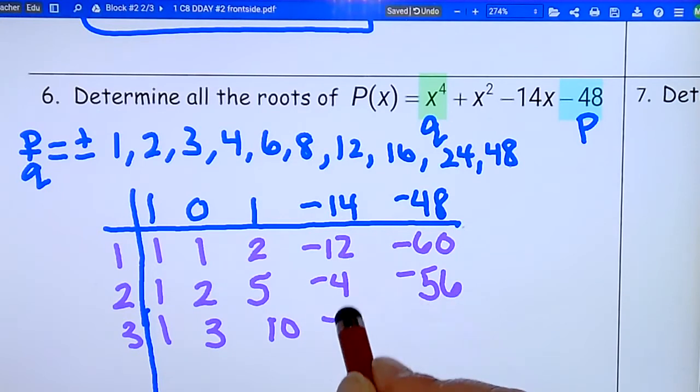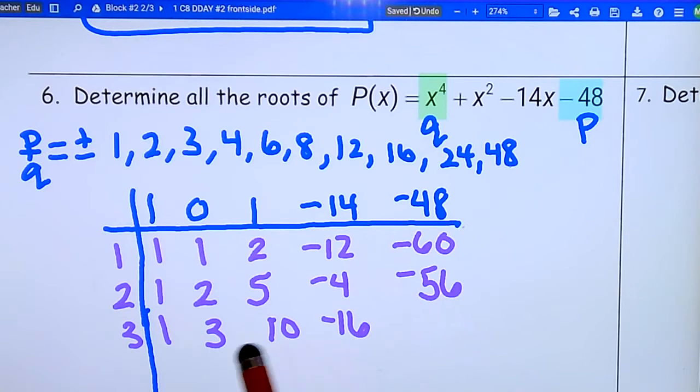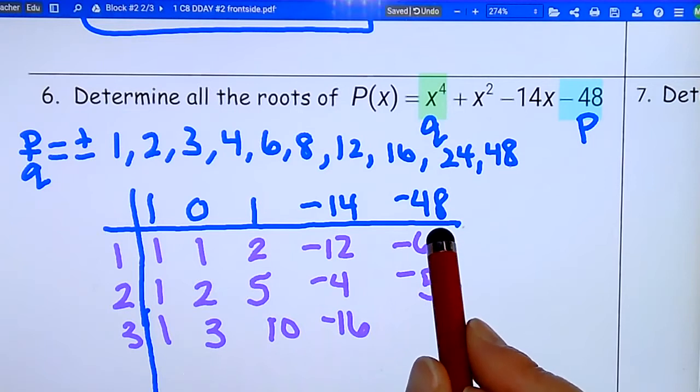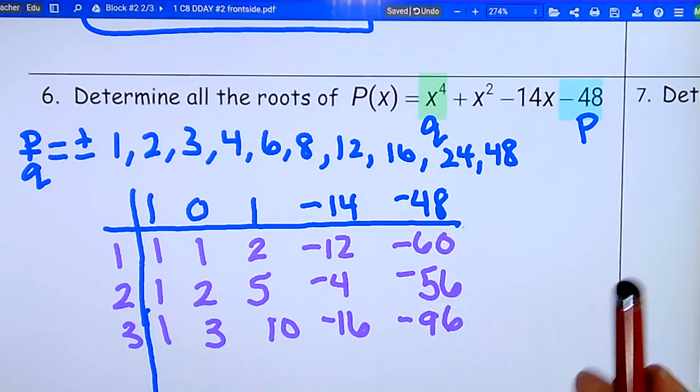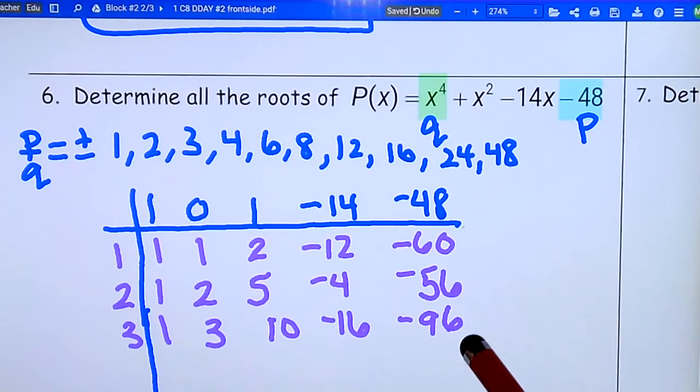I get a negative 16. Negative 16 and 3 is a negative 48. I add it here. I'm going to get a negative 96. Okay, I am now down at negative 96.